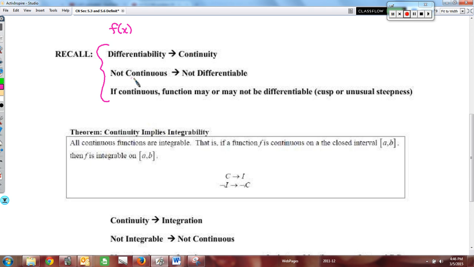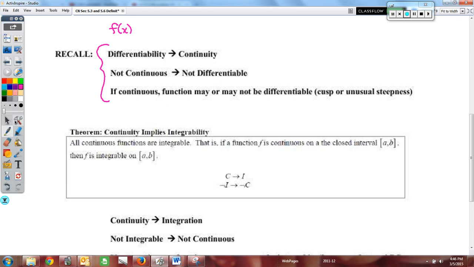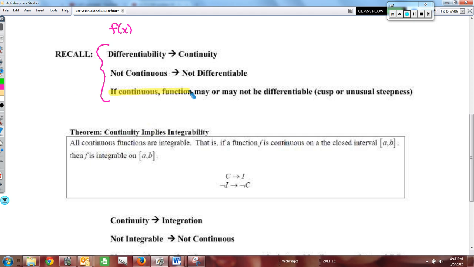If it was not continuous, then you know that at the discontinuities it's not differentiable. But then I want to remind you of the golden rule: if I know that a function is continuous, it may or may not have been differentiable. Okay, so that's what we did back in Chapter 3.